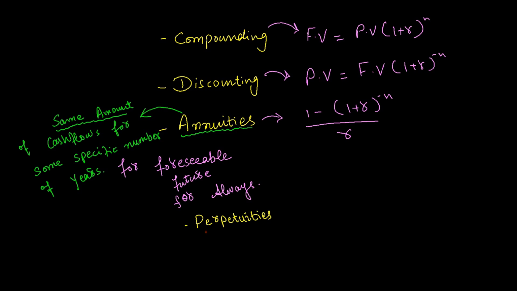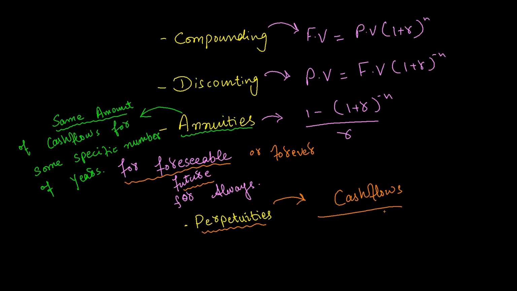According to the concept of perpetuities, we expect to receive cash flows for the foreseeable future, or forever. And how can we calculate its present value? We can calculate its present value simply using this formula: cash flows divided by R, or the rate of return.